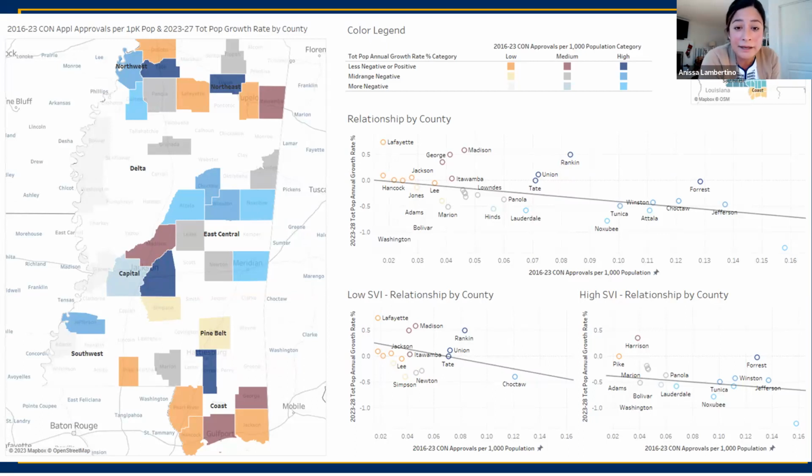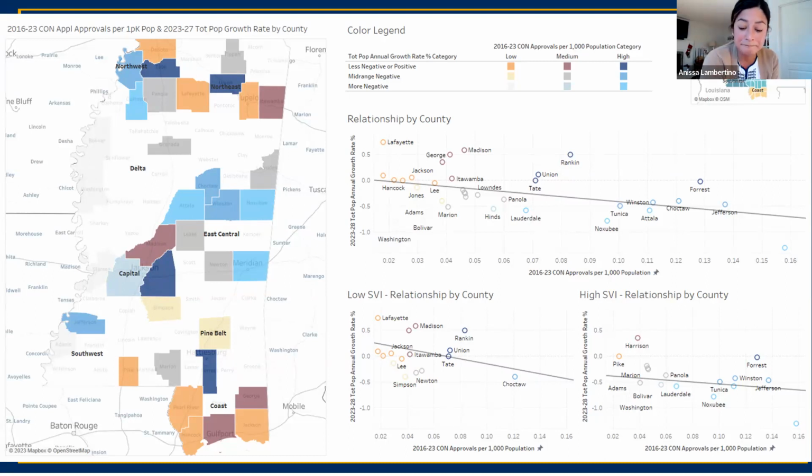And that association was statistically significant without having stratified by social vulnerability index. And when we did, we still see a negative association in the two county categories for social vulnerability, but they were both no longer significant.